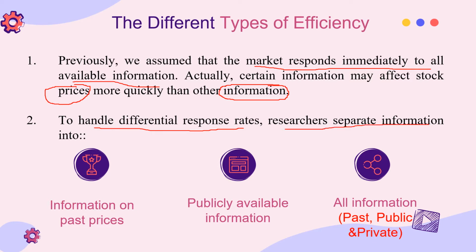Researchers separate information into 3: information on past prices, publicly available information, and all information. All information ni termasuk past price, public information, and private information. So we will go through one by one in the next slide.